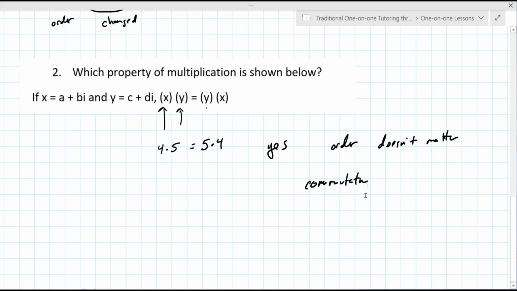Because commutative refers to order. Order doesn't matter. Now I have to be careful because both 2 and 3 are commutative, which doesn't really feel right.